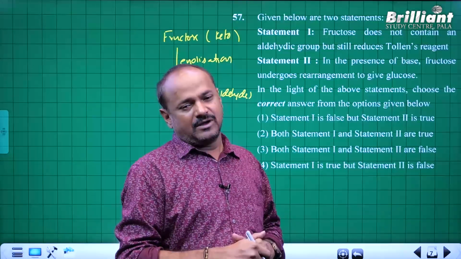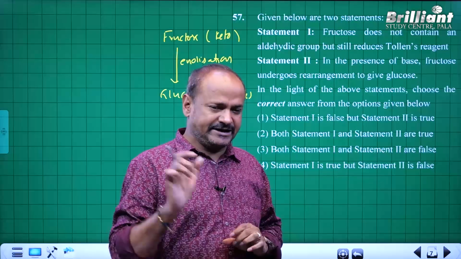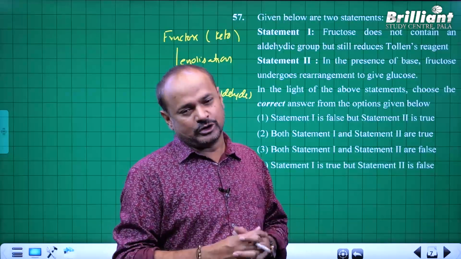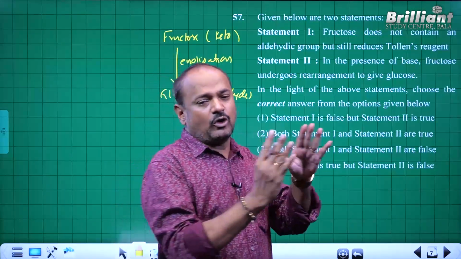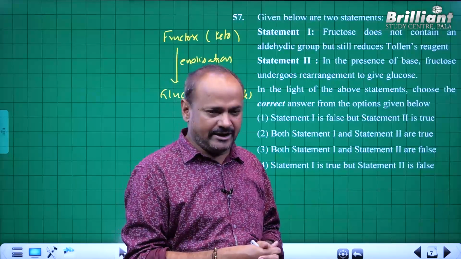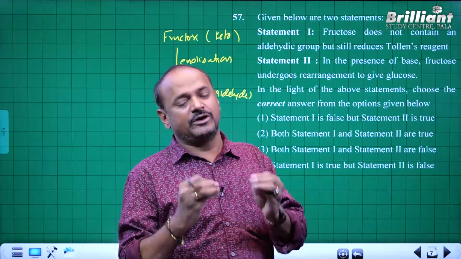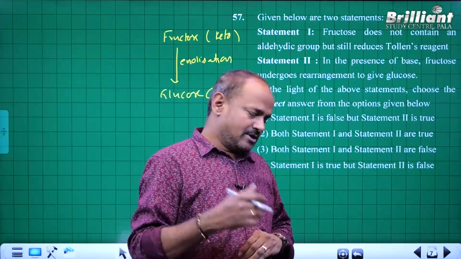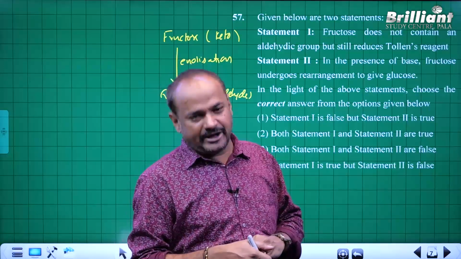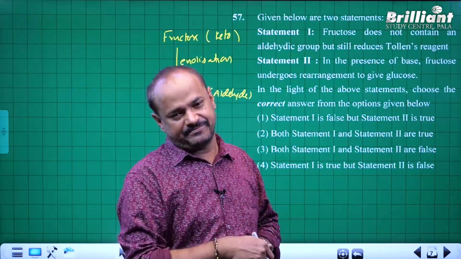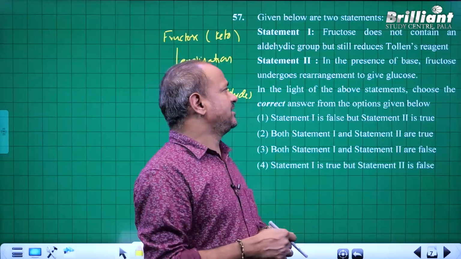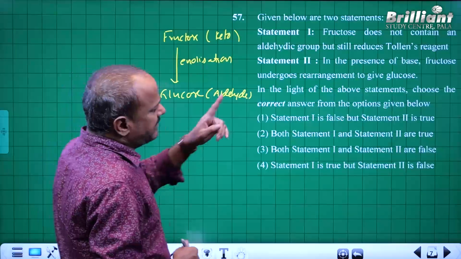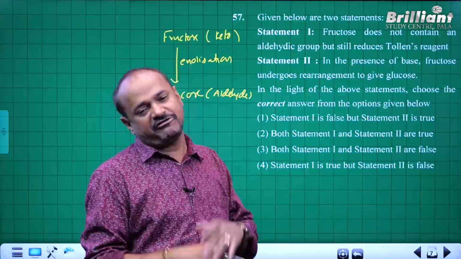Glucose has two forms, cyclic and open chain. The cyclic form has a hemiacetal group, no free aldehyde, which converts into the open chain aldehyde in the required medium, acidic or basic. That is not possible with Schiff's reagent. That is why glucose does not react with Schiff's reagent, but reacts with Tollen's and Benedict's because they contain the required amount of medium.